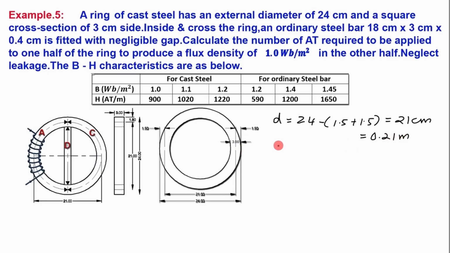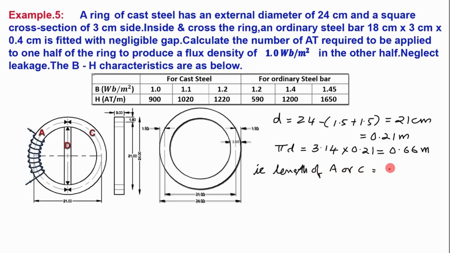Therefore, mean circumference is pi d, that is 3.14 into 0.21. This gives 0.66 meter. So the total circumference is 0.66 meter. Therefore, length of path A or C is half of this, 0.66 divided by 2, that is equal to 0.33 meter.